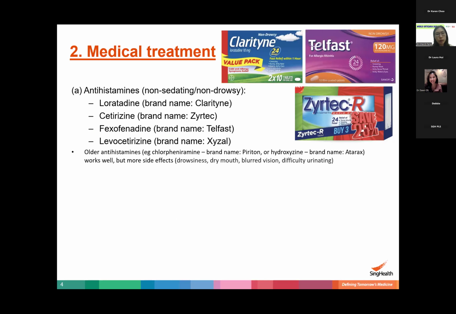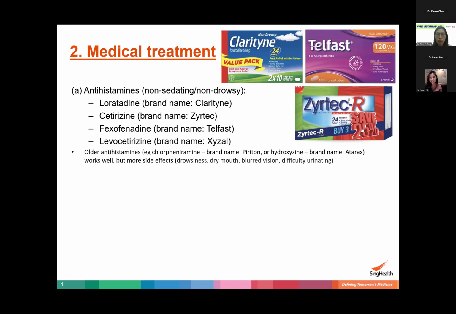First line treatment will usually be antihistamines, and typically we prefer those that won't make you sleepy, what we call non-sedating. And these four listed here are examples that are non-sedating. Sometimes you might be given, or you prefer to have, a sleepy one to help you sleep. These are generally the older antihistamines.